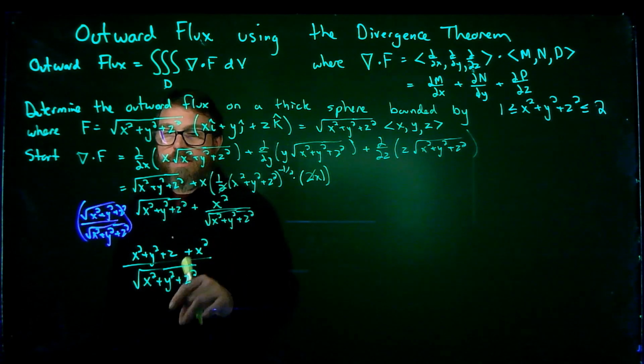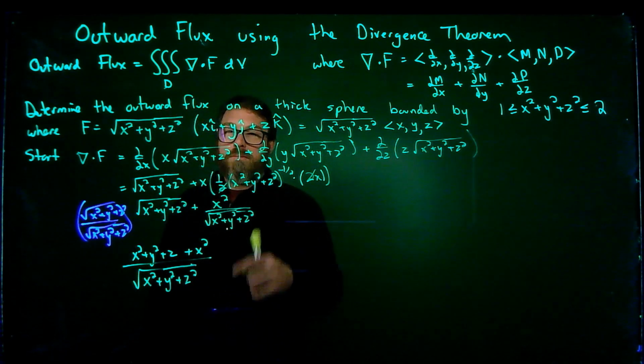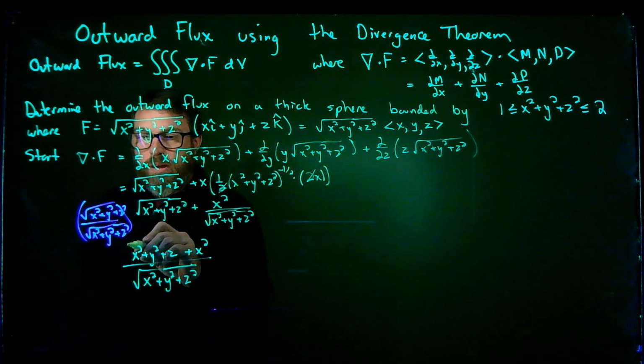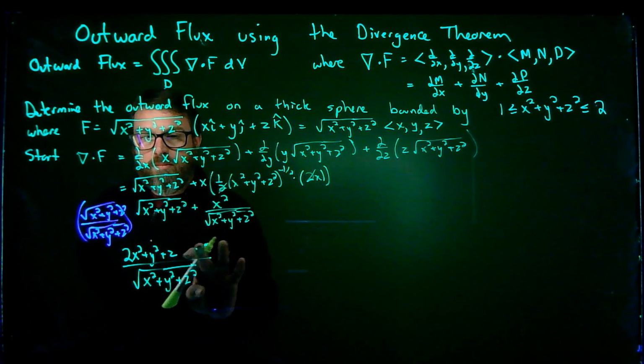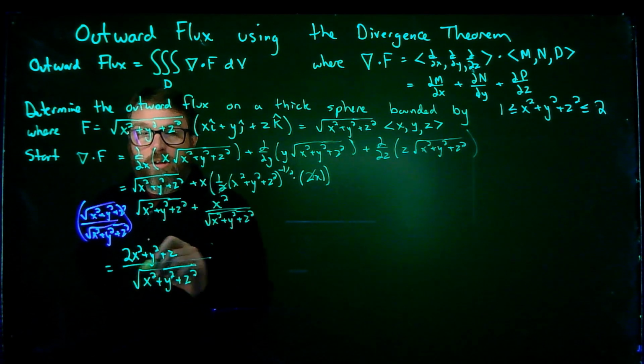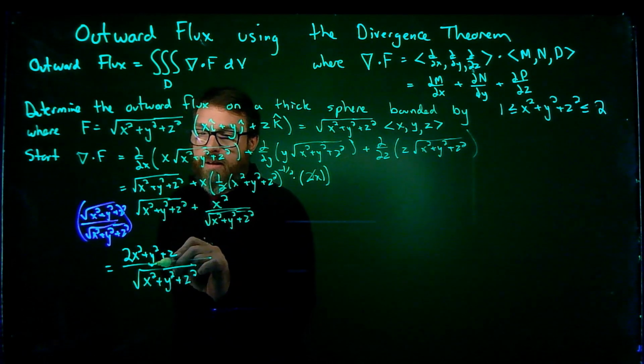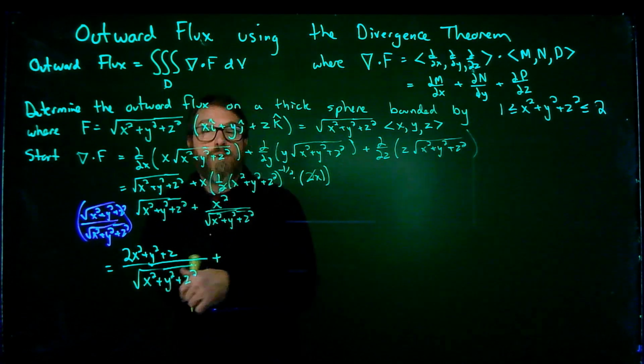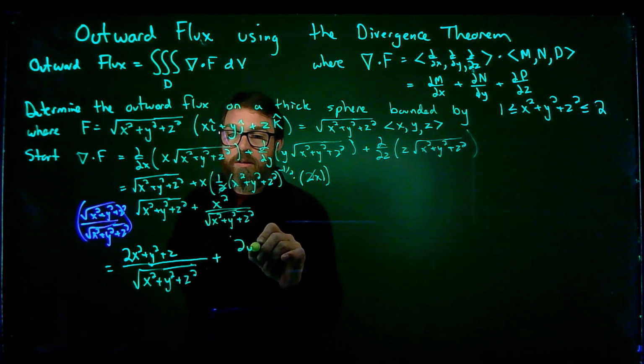And what we can see is that x squared plus x squared is going to give us 2x squared. Similarly, for the next term, it's going to be the same thing, but instead of 2x squared, we're going to have 2y squared.